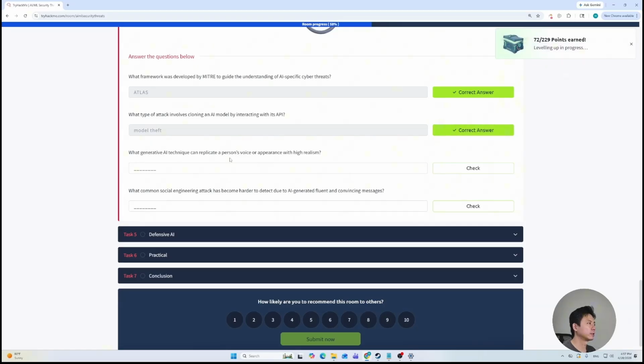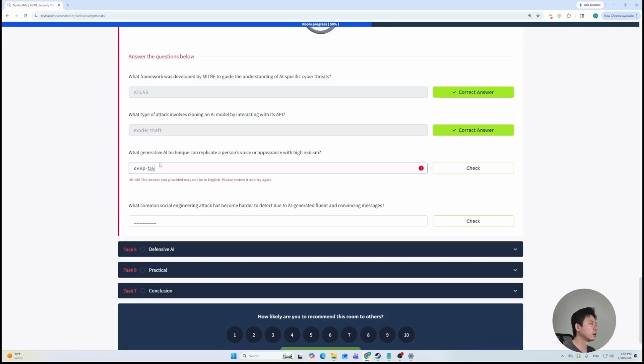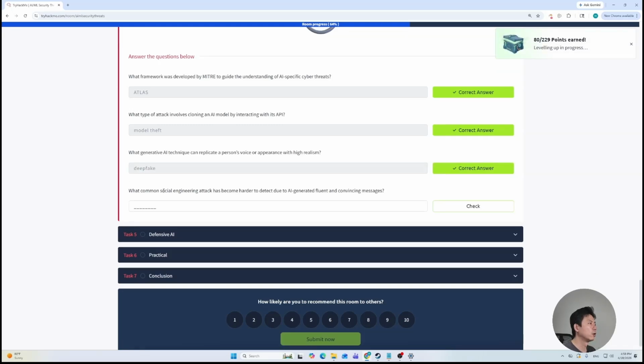What generative AI technique can replicate a person's voice or appearance with high realism? Deepfake. What common social engineering attack has become harder to detect due to AI-generated fluent and convincing messages? Phishing.